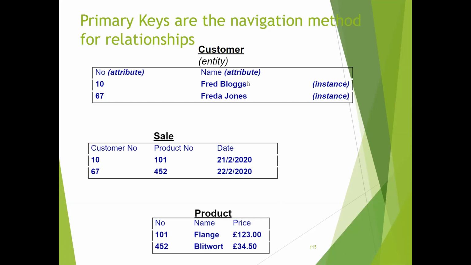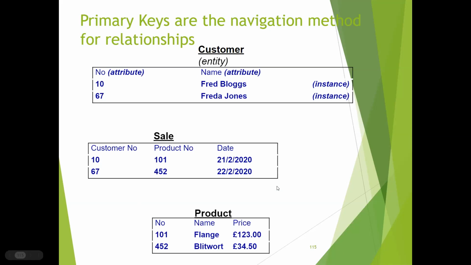Now, can that product be purchased by many people? Yes, but everybody will have that 101 as the purchased item, so that comes in sale. I can have customer 10 purchase 101 and 452 as purchase items. I can have the same thing with customer 67.